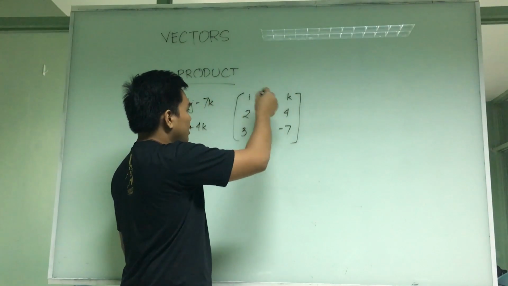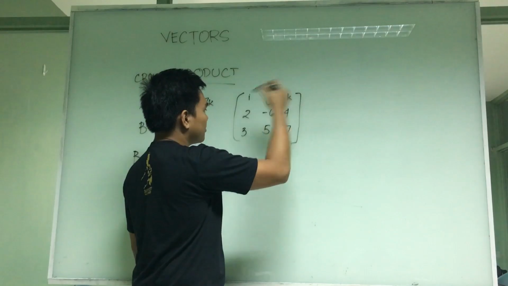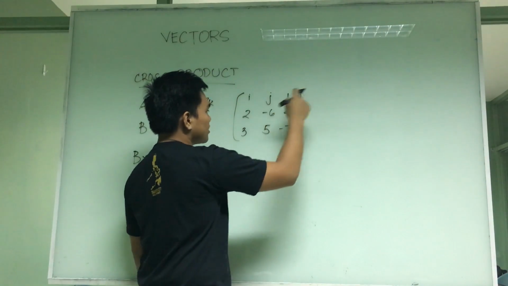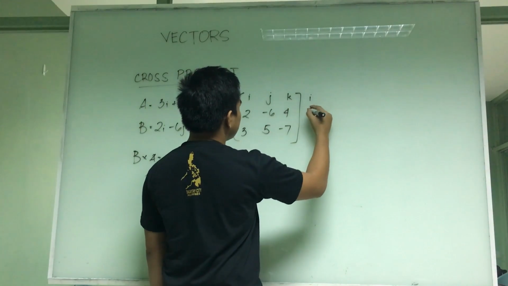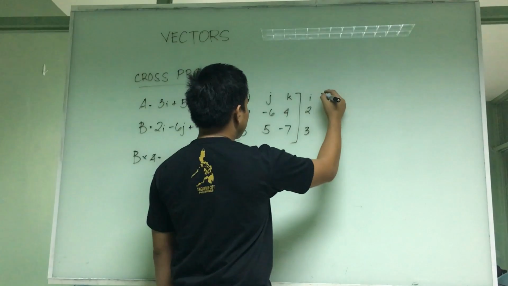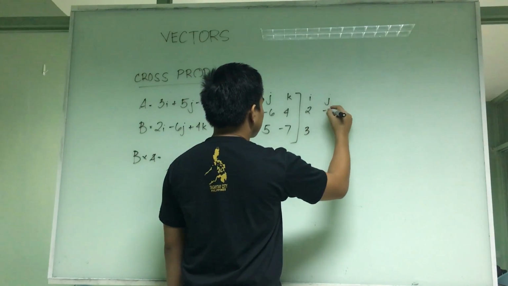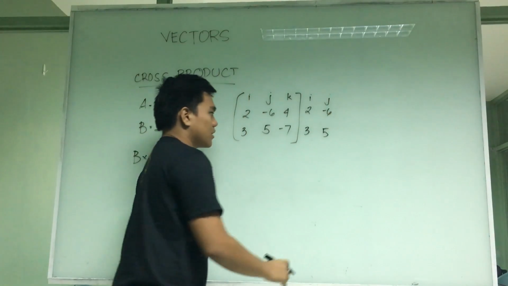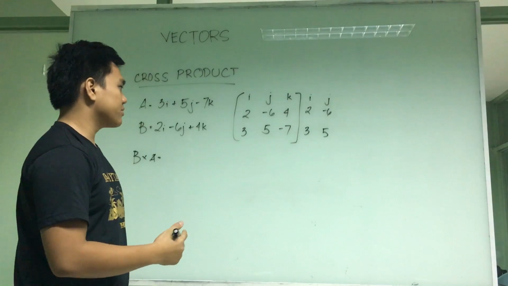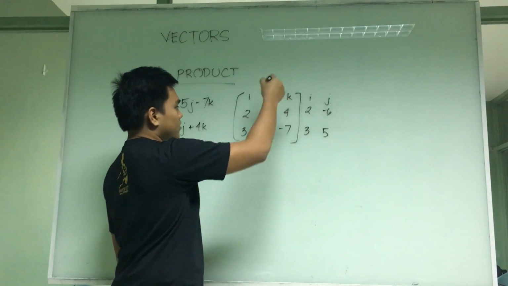We'll use the downward diagonals first. Let's rewrite the first two columns on the right. So it's going to be I, 2, 3, and J, negative 6, 5. Now let's get the determinant by using the downward diagonals.